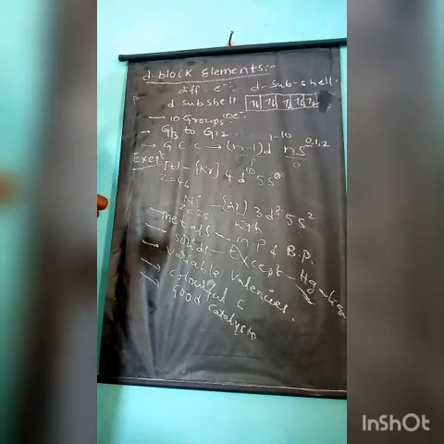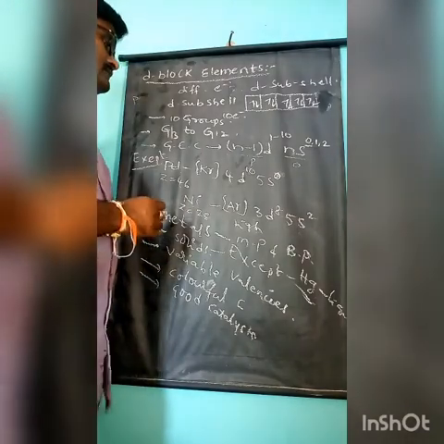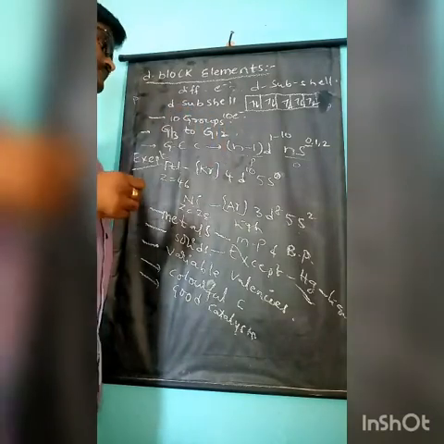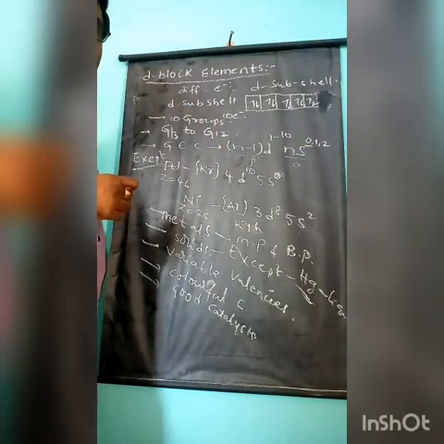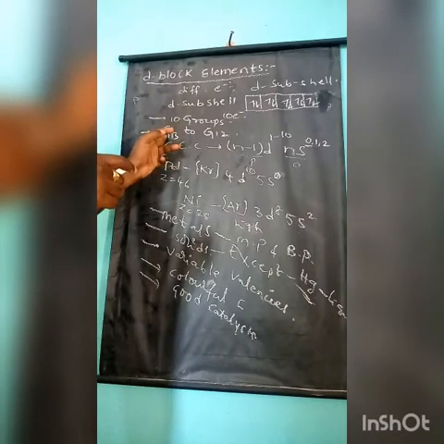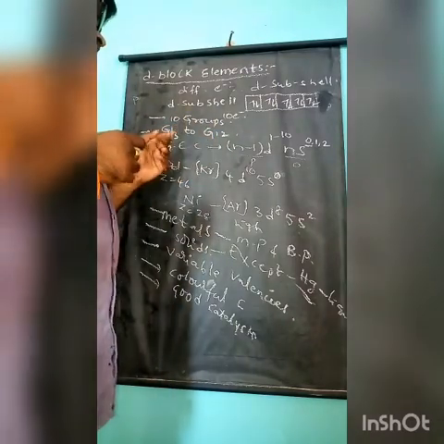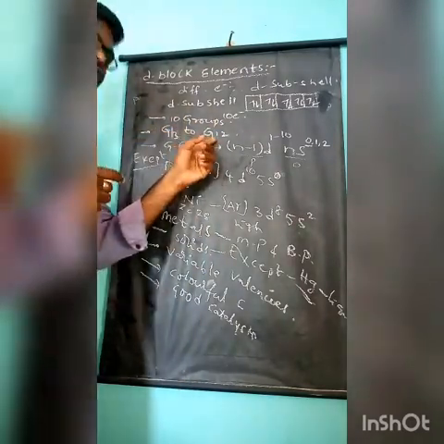Next one, D block contains 10 groups. They are G3 to G12, group 3 to group 12.